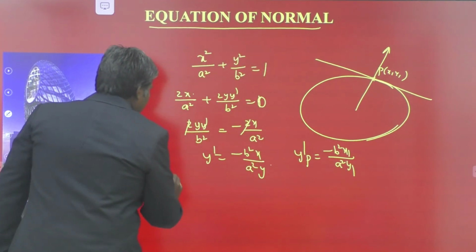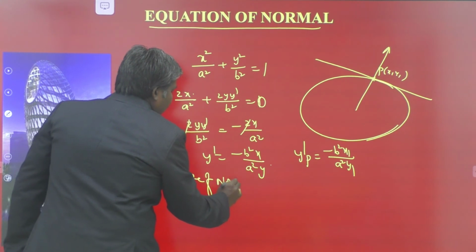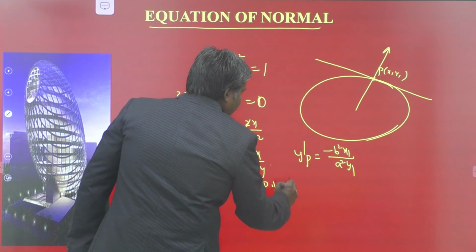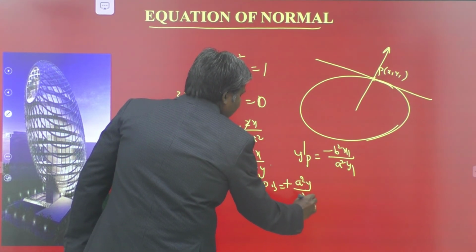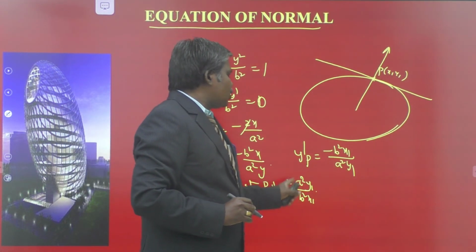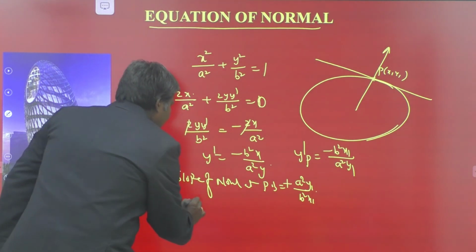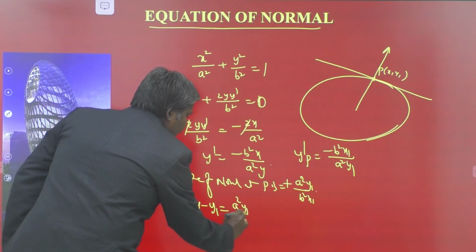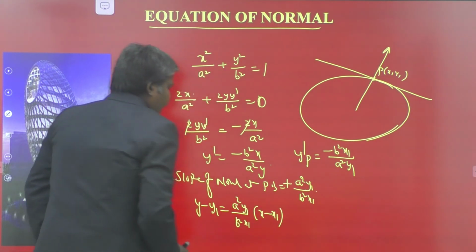Slope of normal at P is, therefore, slope of normal at P is minus of minus, plus a square y1 by b square x1. This is the slope of normal at that point. After getting the slope of normal, you can write the equation of normal as y minus y1 is equal to a square y1 by b square x1 into x minus x1.